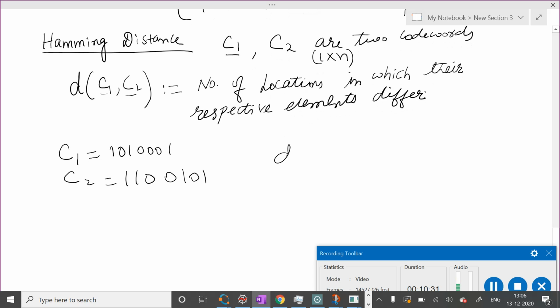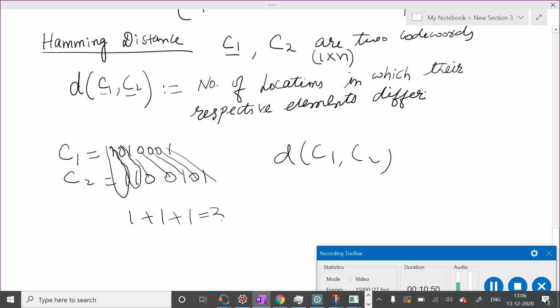Now what is d of C1, C2? At the first location, 1 and 1, it doesn't differ. At the second location they differ, so 1. The third location also differs, plus 1, then same, then again they differ, plus 1, then same and same. So 3. Hamming distance is 3, because at 3 locations these two code words differ.